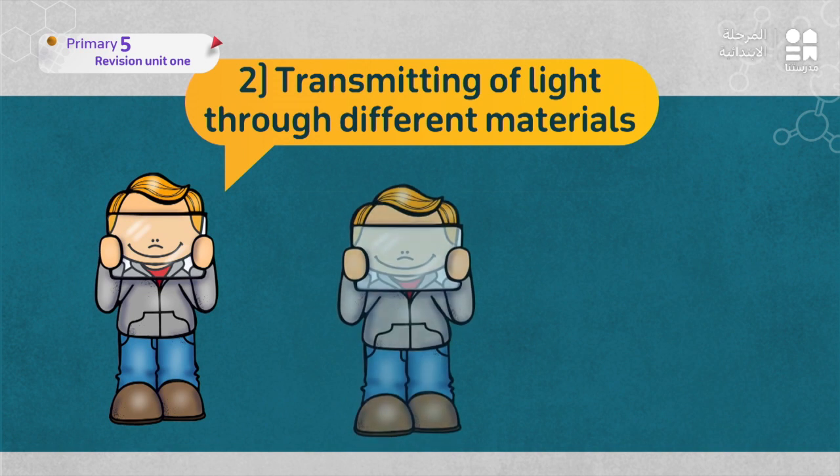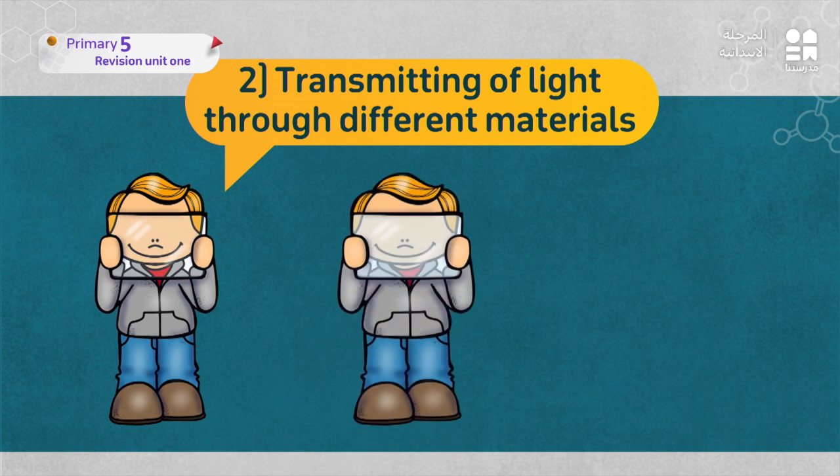What about the second type, which is the semi-transparent or translucent material? Translucent material which allow some light to pass through, like the frosted glass.